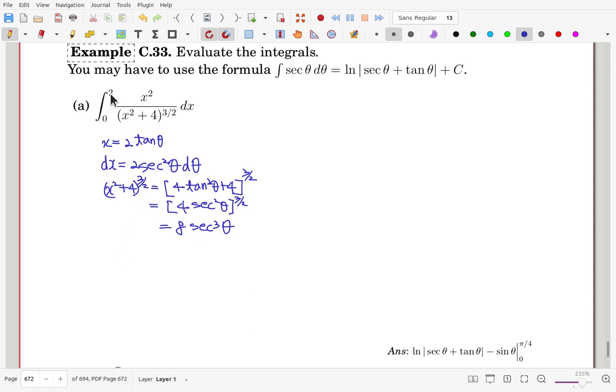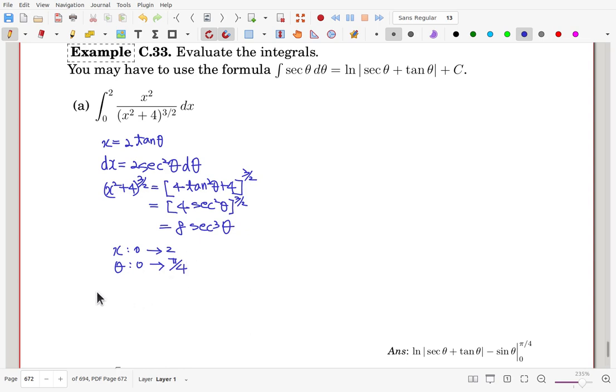Now here for lower bound and upper bound, x is moving here 0 to 2, then how about theta? Once x is 0, then theta must be 0. Right? Now here, and once x is equal to 2, that means the tangent theta is 1. Now that must be pi over 4.